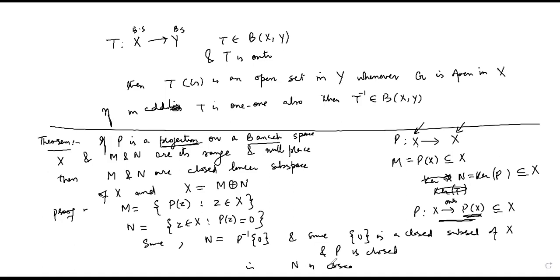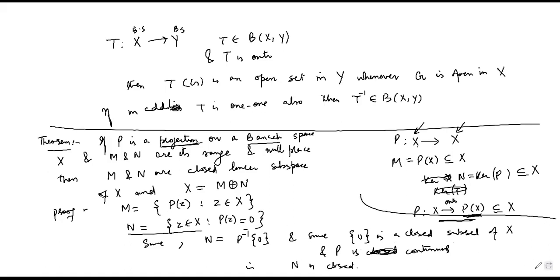N is closed, right? क्योंकि ये प्रोजेक्शन है तो it is onto, linear, continuous and identity. क्योंकि inverse image of a closed set is always closed under a continuous map, so N तो closed है ही.